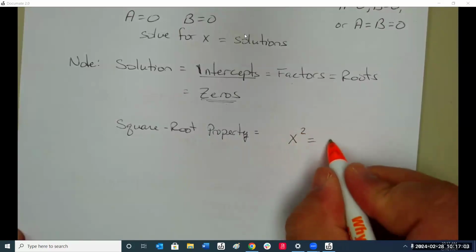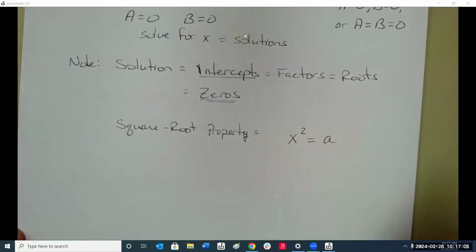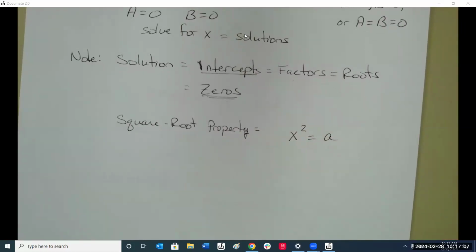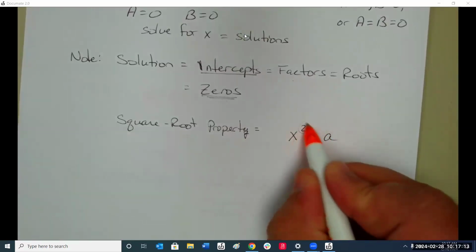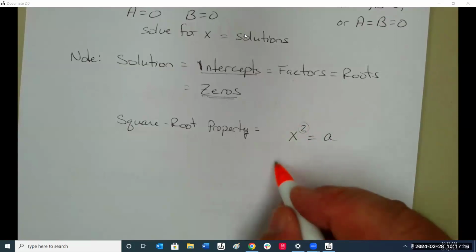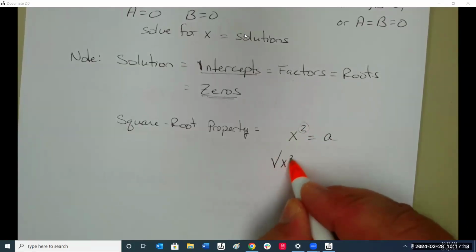If x squared equals a number, any number, I don't care what it is, to solve for x, what do we have to do? We have to get rid of the square. How do we get rid of the square? Square root both sides.